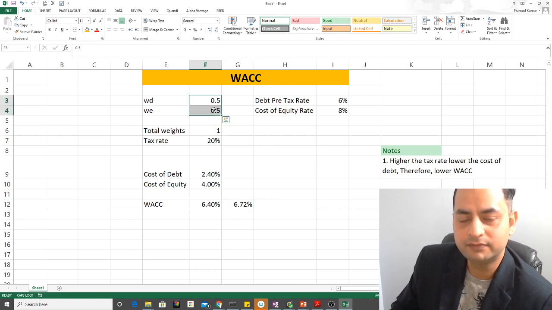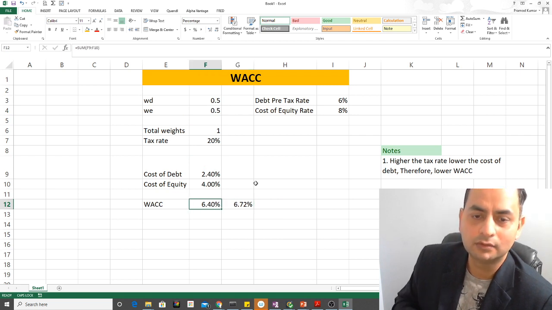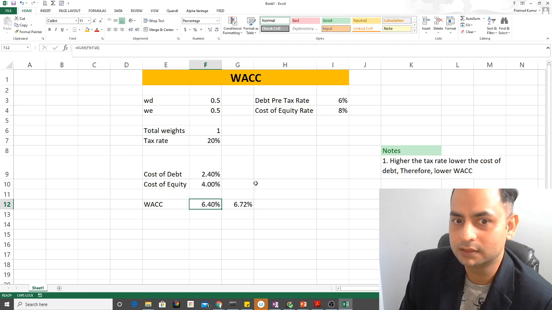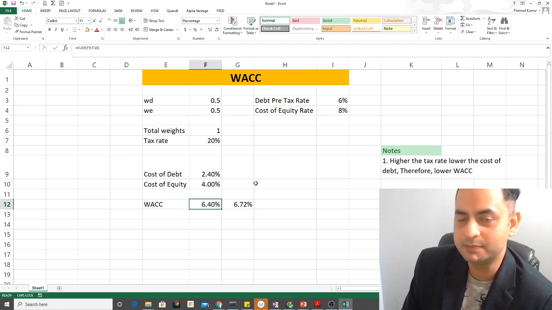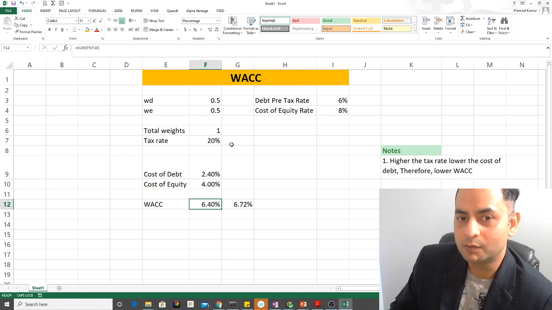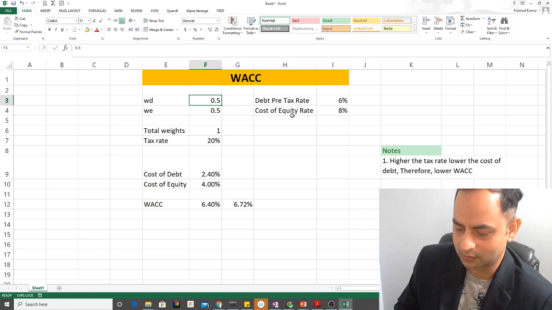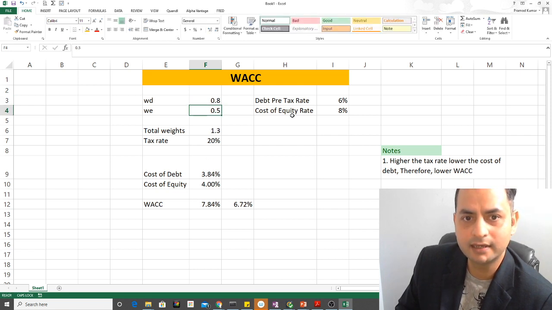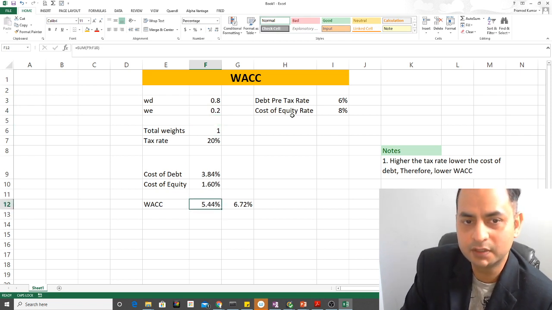When my weight is 50-50, my cost reduces by a little over 30 basis points, so 0.30%. This means the company was not performing at the optimal cost. So let's play a little more. If I put 0.8 here and 0.2 here, the company is able to reduce the debt even further.